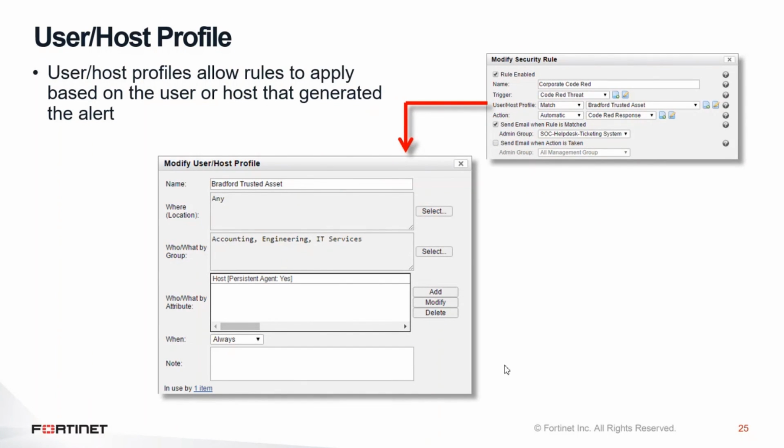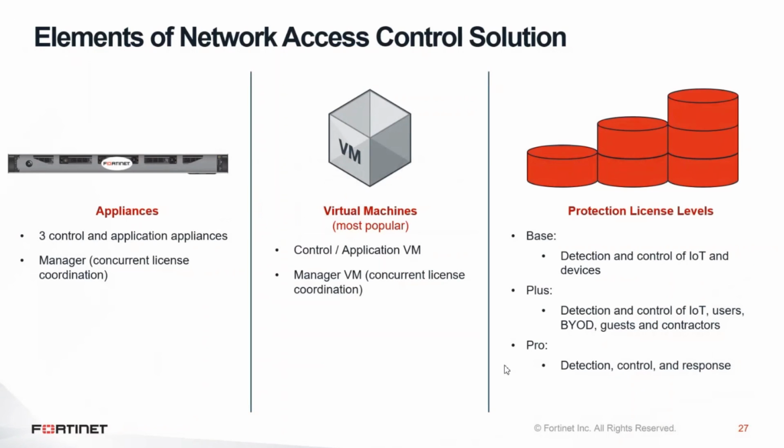But before I go there, I want to also talk about the licensing and deployment example. So the licensing module: FortiNAC comes in majorly two form factors. You can get FortiNAC as a physical appliance, or you can get FortiNAC as a VM.